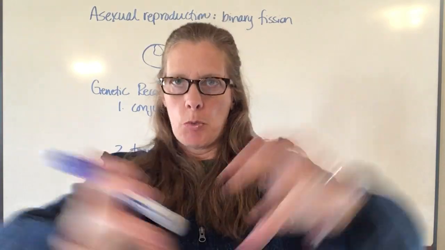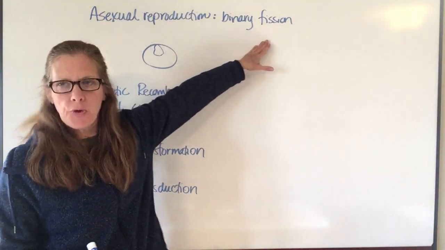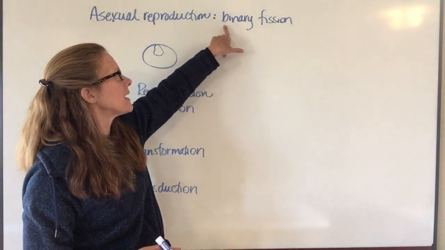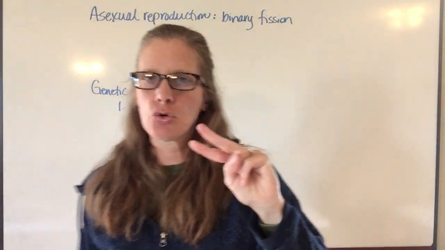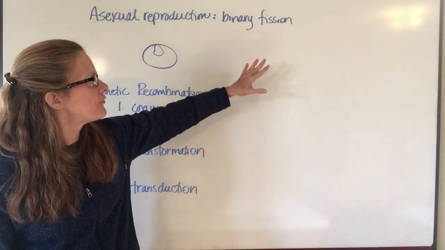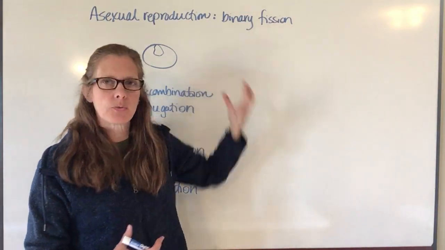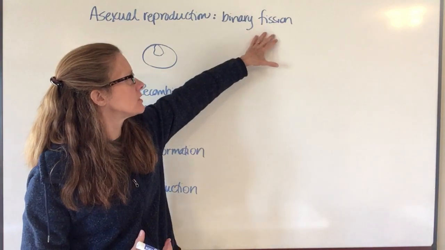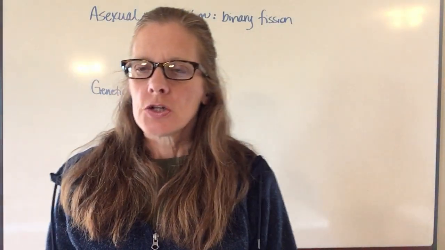Fission is when they come apart, they break apart from each other. And binary, the prefix bi means two, just like a bicycle has two wheels. So binary fission is a reproductive process where you're going to have one cell that's going to break apart into two new cells, okay?